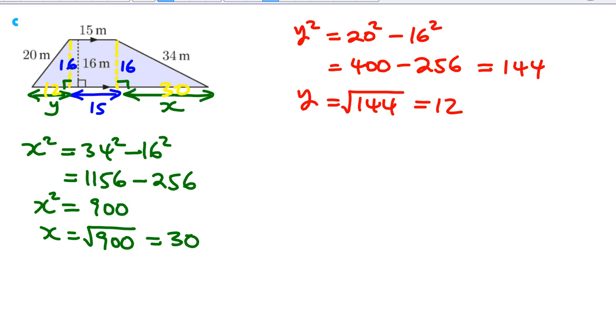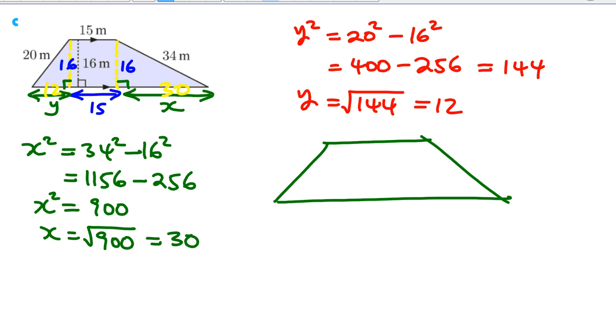So we can go ahead and, by the way, what we have here is a trapezium that looks like this. Hopefully this will make it easier for you to see.